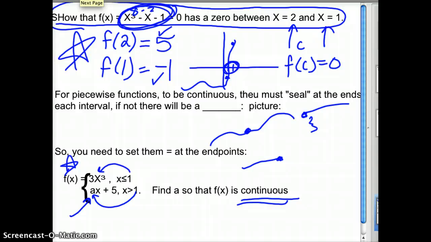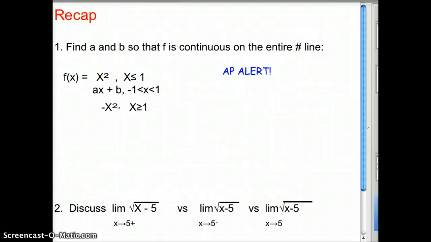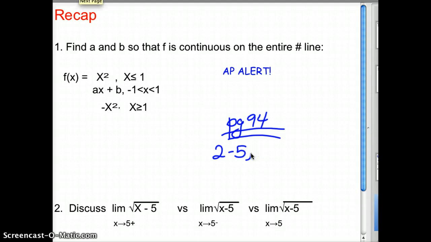I'm at 11 minutes. So last up, what I'd also suggest you do, and this is the big kicker. I told you to look at that page 94, and I told you which problems to look at. I believe it was 2 through 5, and what were the other ones? I think 7 and 10.